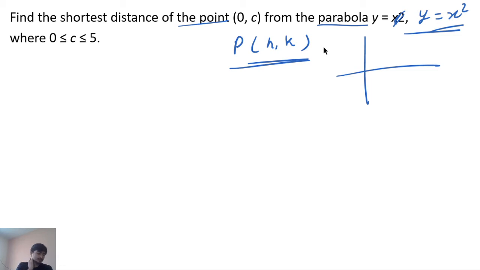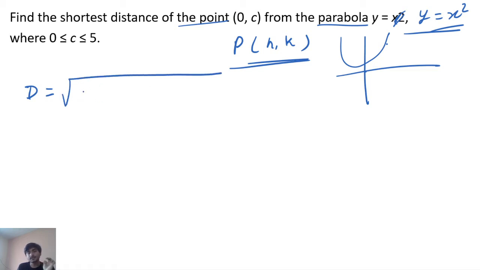So assume this is your parabola and this is your point. The distance between the point and the parabola can be found by the distance formula: root of h minus 0 whole square plus k minus c whole square, right? All of you know how to find this.